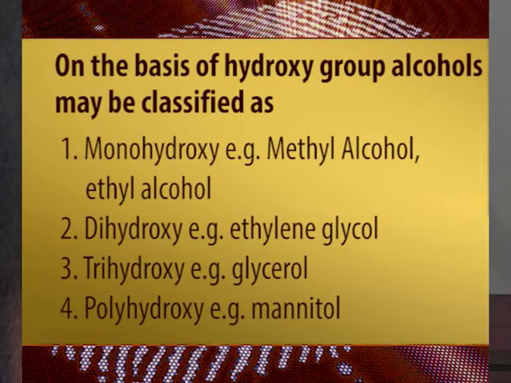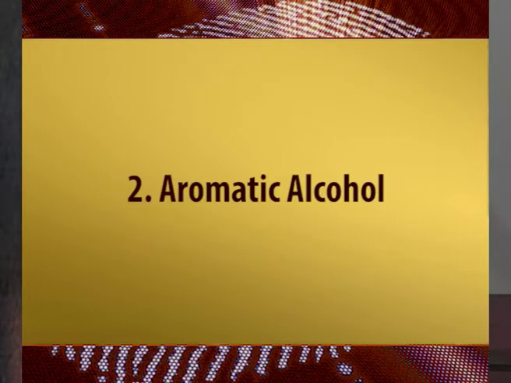Polyhydroxy, example mannitol. Aromatic alcohols are a homologous series of organic compounds containing one or more hydroxyl groups attached to an aryl radical, for example phenol. But from the forensic point of view, we will concentrate here on ethyl alcohol only.